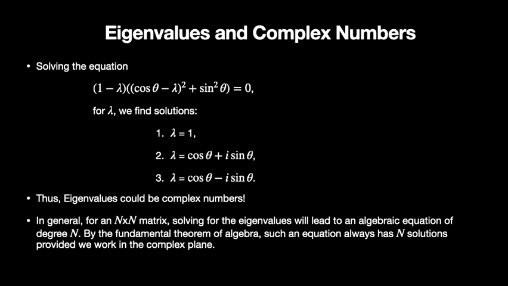And that will necessarily require this matrix to be non-invertible. So at the end of the day, solving for the eigenvalues reduces to an algebraic problem where we have an algebraic equation of order n in the eigenvalues that we're looking to solve. And by the fundamental theorem of algebra, any algebraic equation of this form always has roots as long as we work in the complex plane.